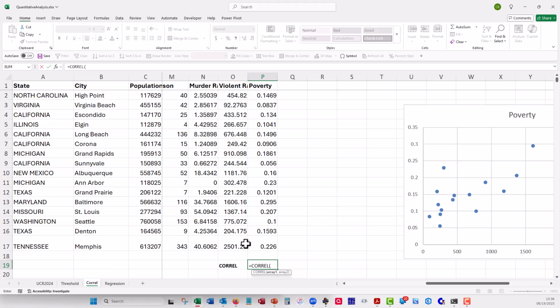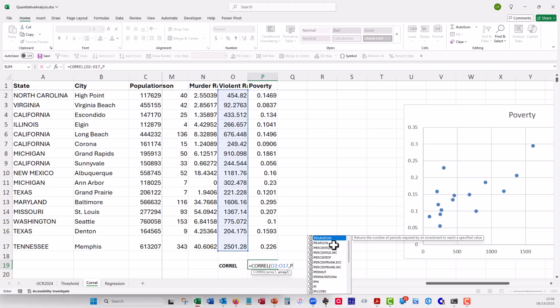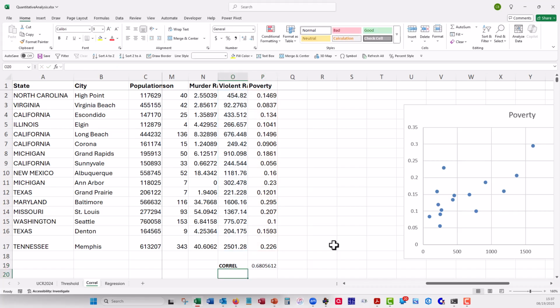So I'm going to do O2 to O17, and then a comma, and then the second range, P2 to P17. And we get, in my case, a correlation of 0.68.